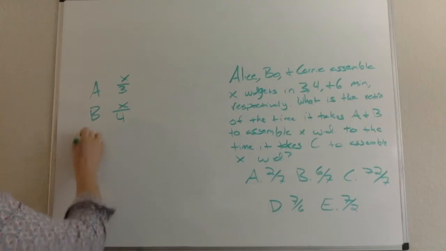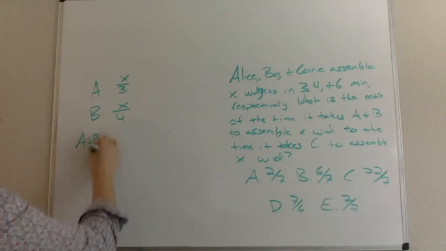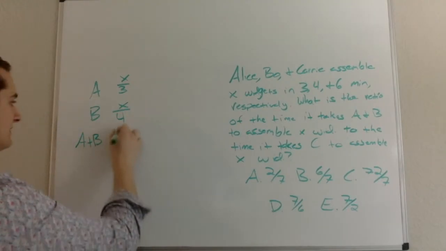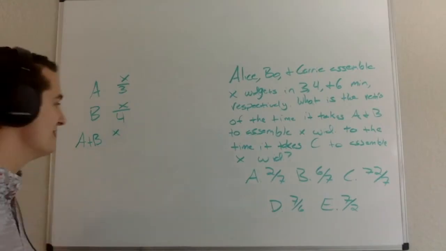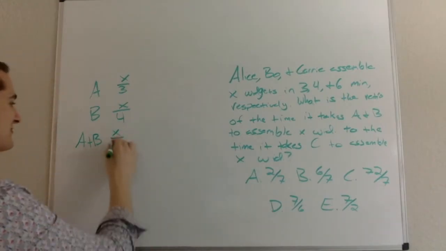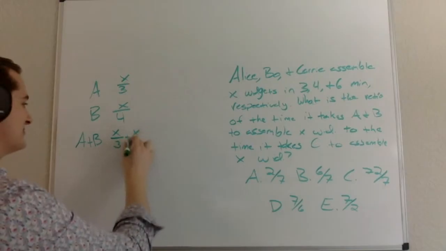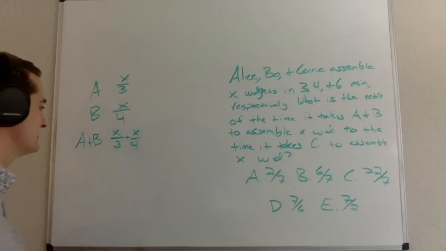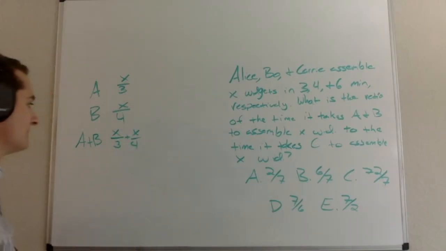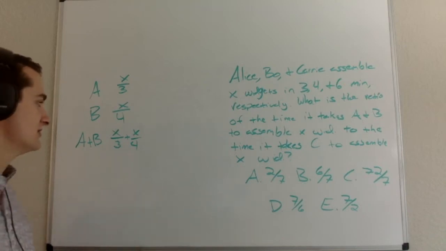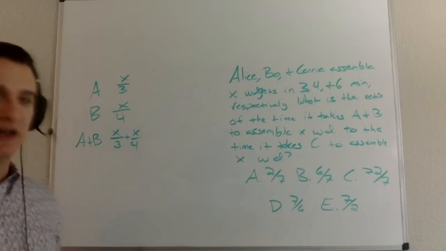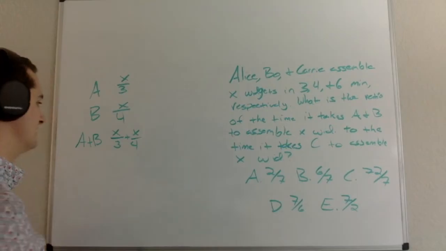Then the rate of Alice plus Bo is going to be X widgets per 3 minutes plus X widgets per 4 minutes. From here, all I need to do is find a common denominator.